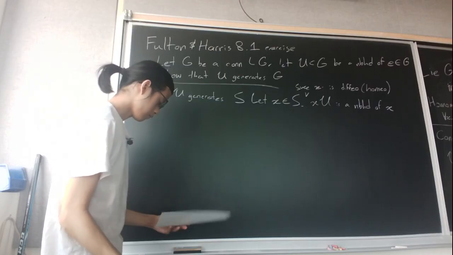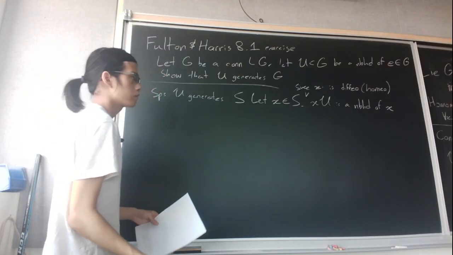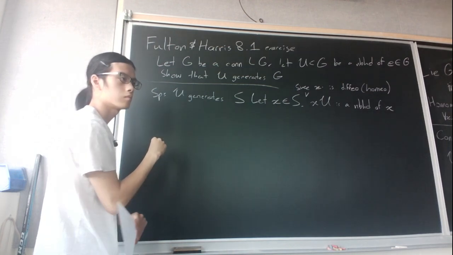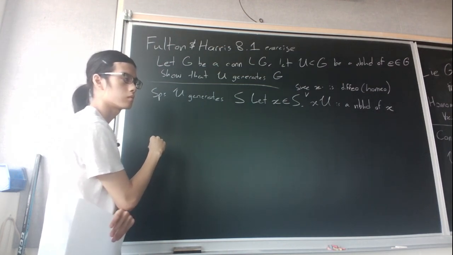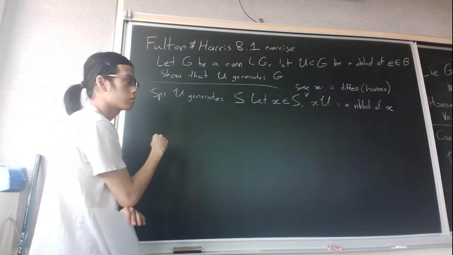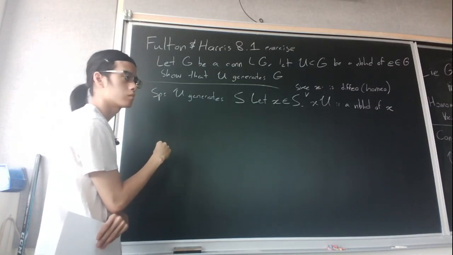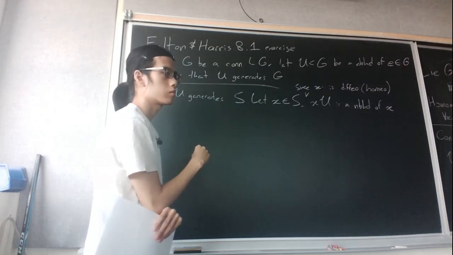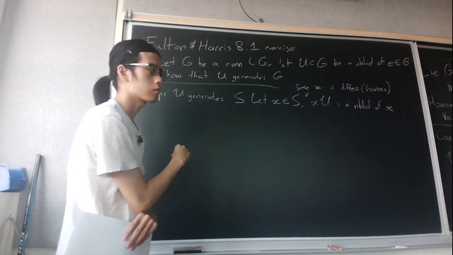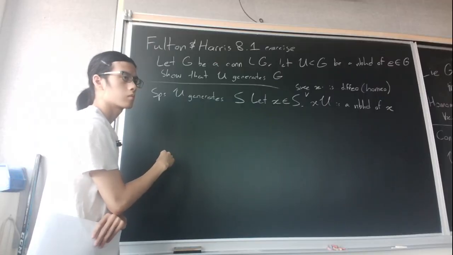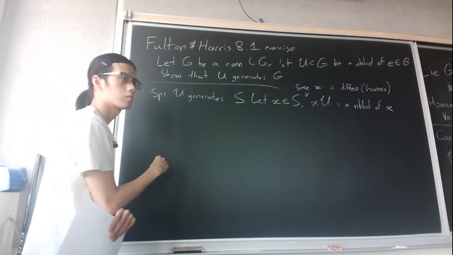So if U was an open neighborhood, multiplication by X in the Lie group is a homeomorphism. If I push U by multiplication through X, then that will still be an open set.